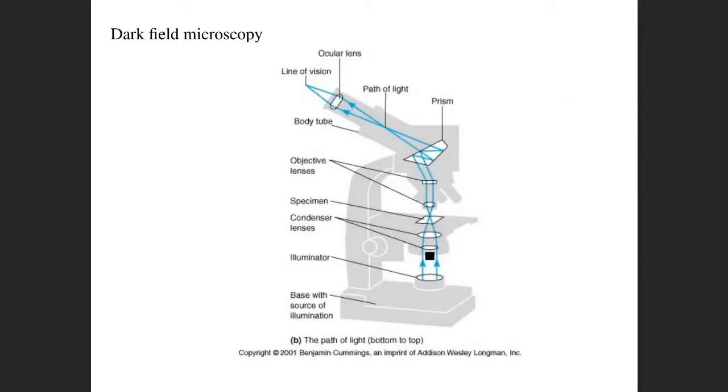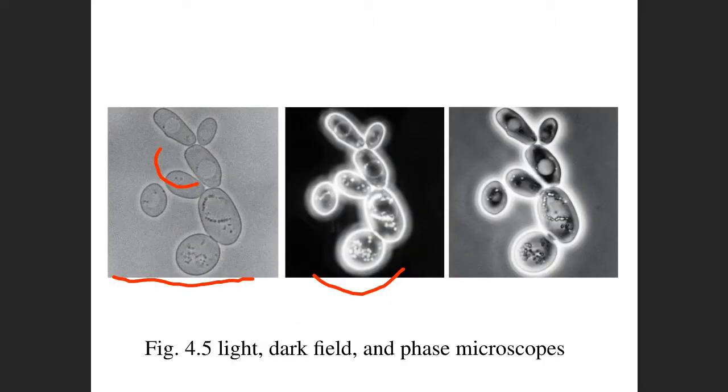So you see here is exactly what's going on. The beam, instead of going through the middle, goes from the side, right? And the side then shines the light on the object, on the bacteria. So the light comes from the side and bounces off on a black background, and then it's easier to see.